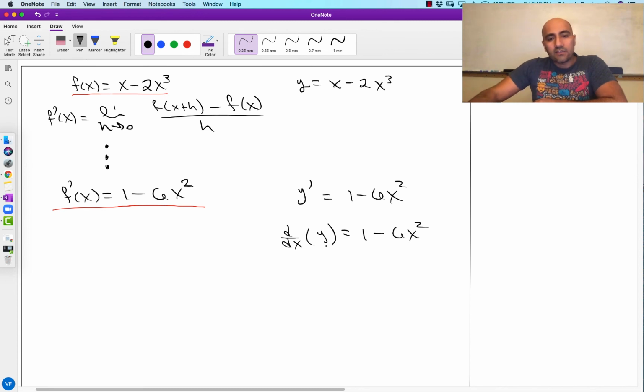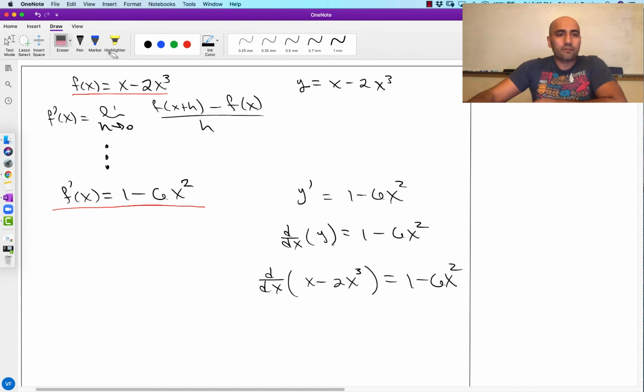And sticking to this notation, we can also say d dx of x minus 2x cubed equals 1 minus 6x squared. Right? So that's that same style of notation.